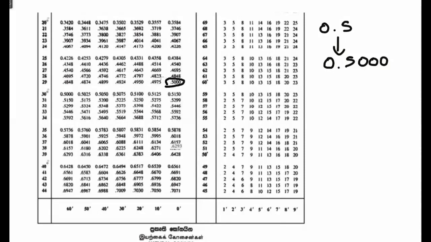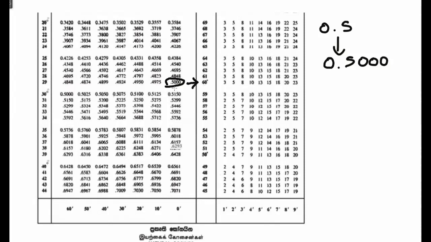So remember, both sine and cosine are shared in the same table. But if you're doing cosine, where should you look? Look to your right, this way, not to the left. Don't look at this 29. That is for the sine, all right? So that's 60 degrees.